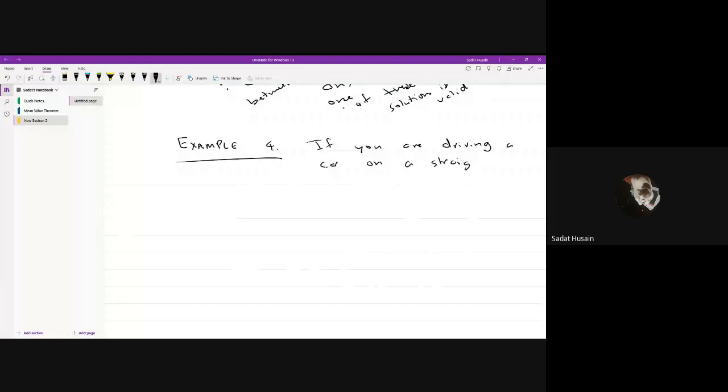and your position at time t is given by s of t, s as a function of t.